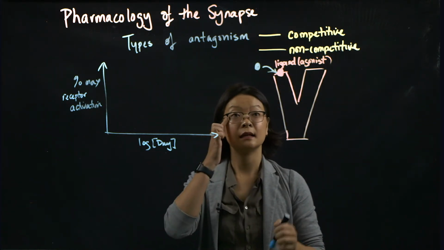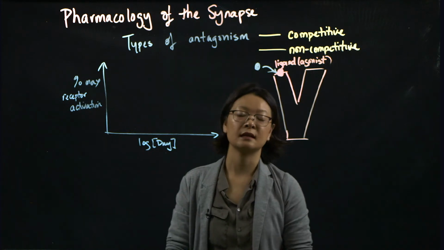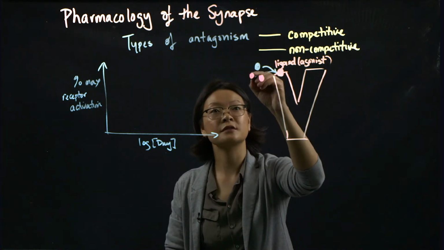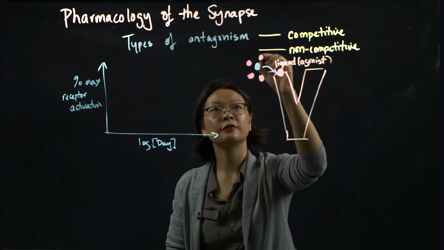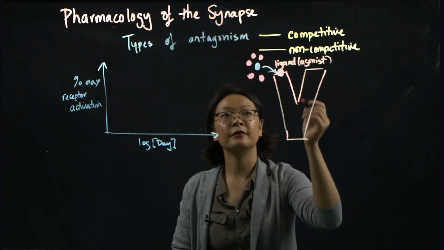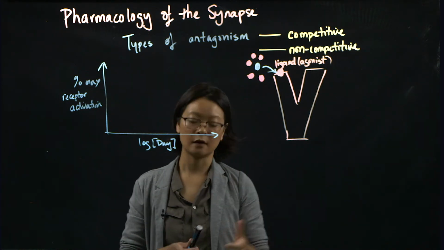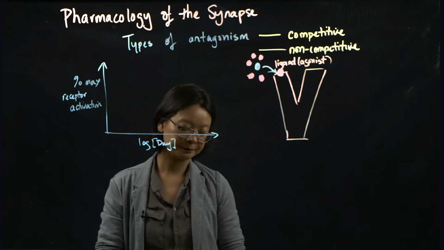So if your antagonist is sitting at that spot, if you have increasing concentrations of agonist floating around, it can eventually outcompete that antagonist. So that's why this is called competitive.